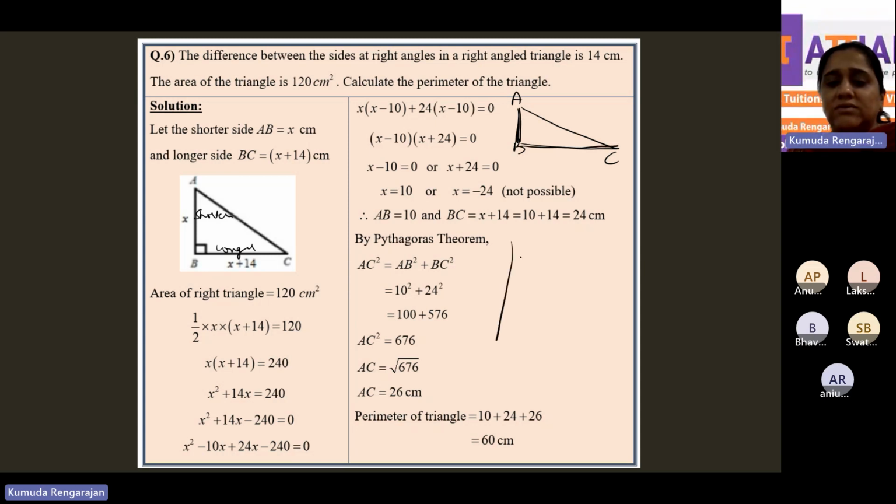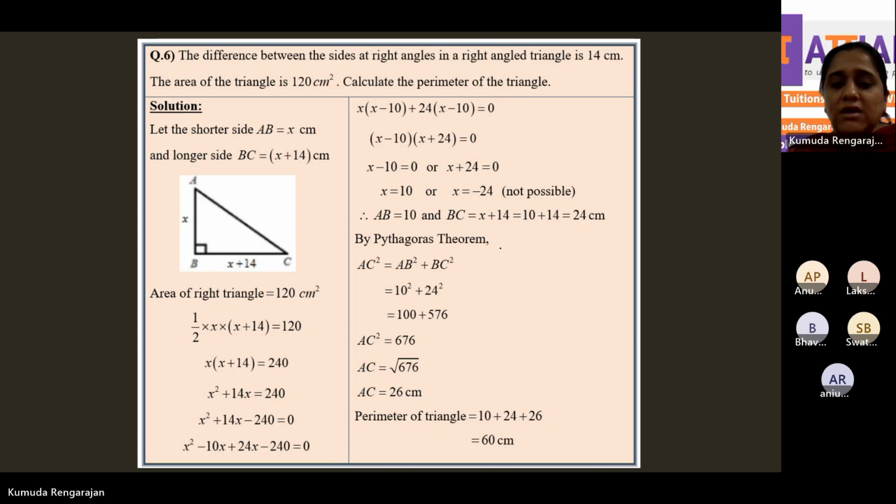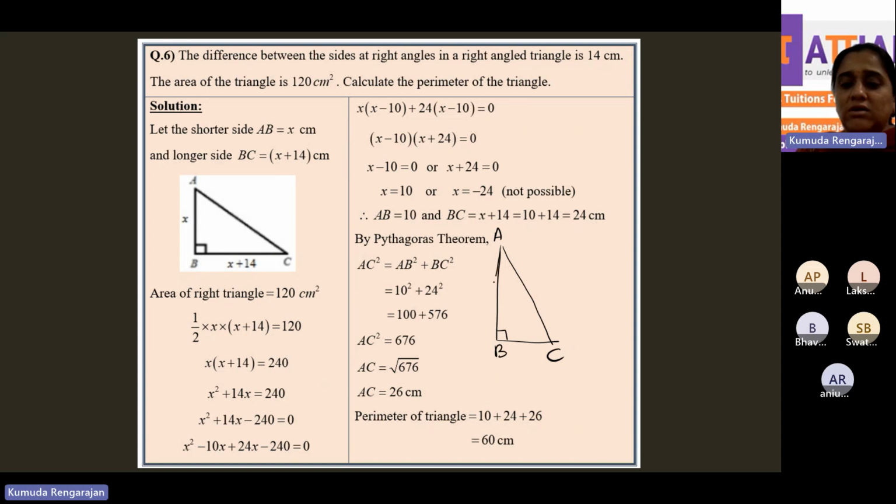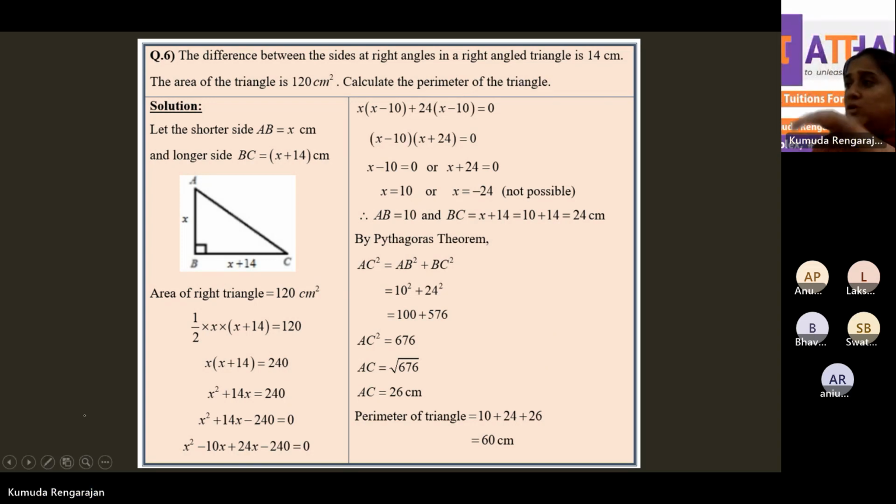If you draw the figure like this, then AB is longer than BC. Take anything, you will get the same answer. Just because you take a different figure doesn't mean you will get a different answer.